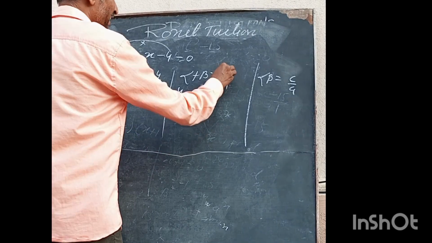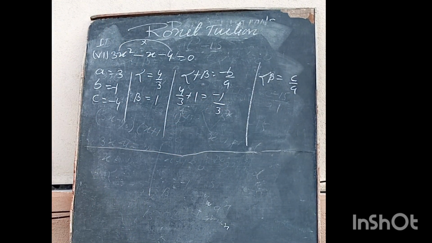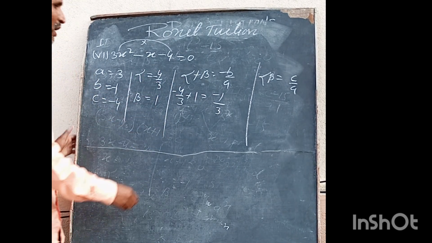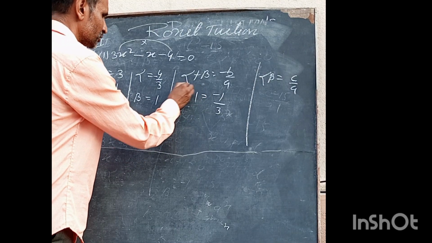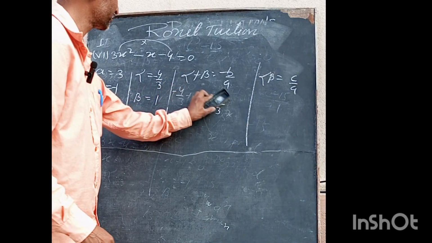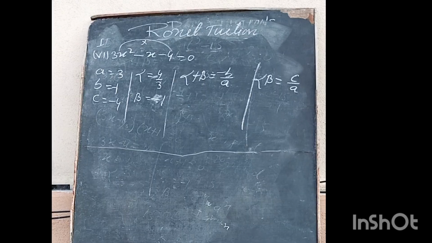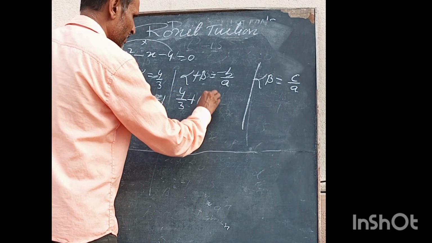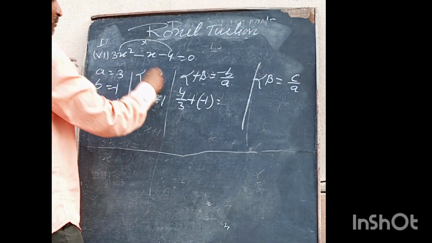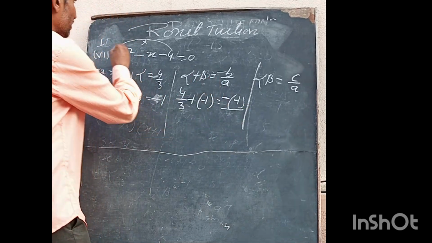Is equal to minus b by a. B value is minus 1 and a value is 3. So alpha we got 4 by 3 plus beta we got minus 1 is equal to minus b, the b value is minus 1, by a value, which is given as 3.